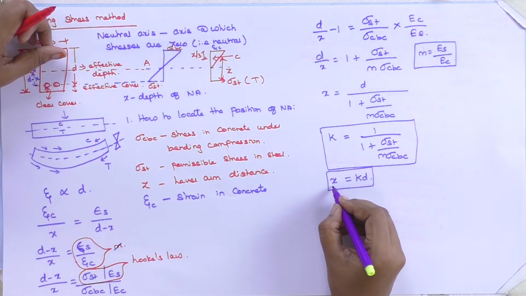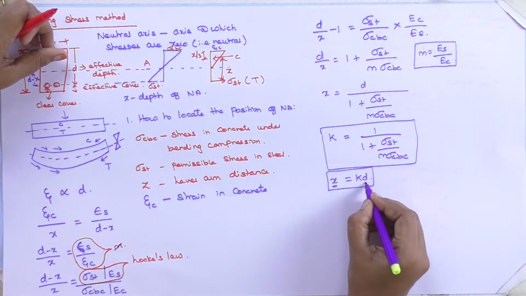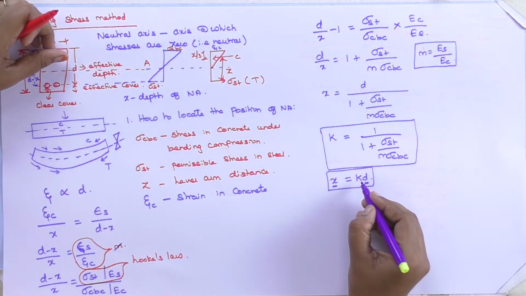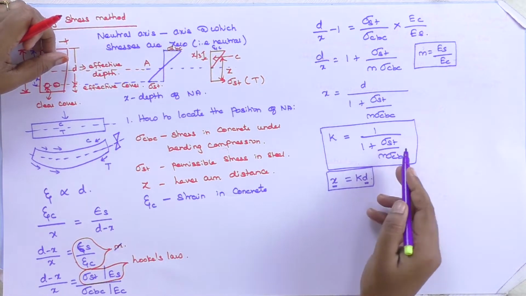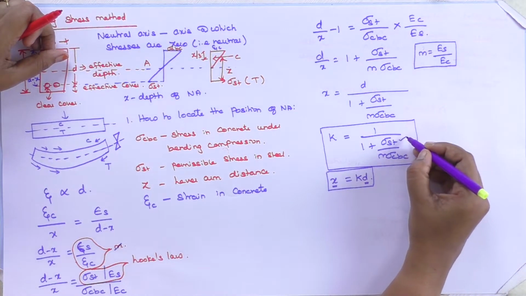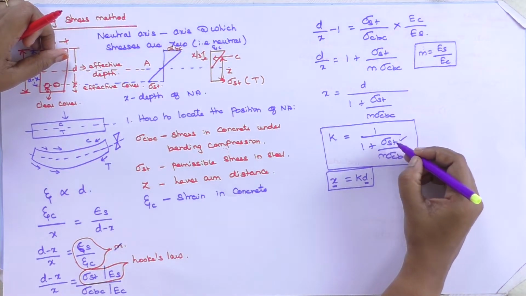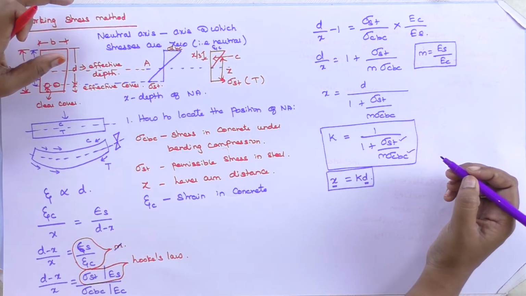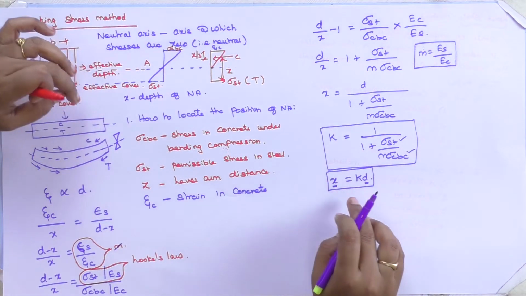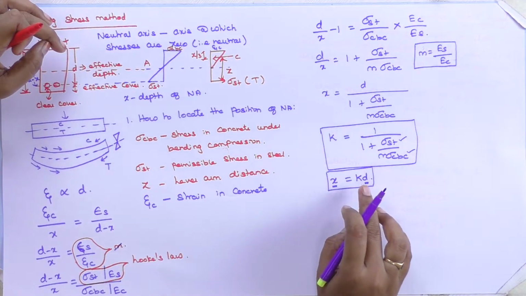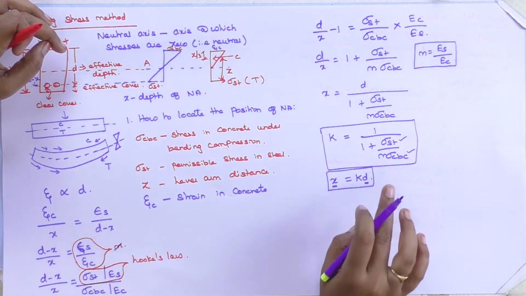This neutral axis depth x will depend upon the depth of your beam. It is being governed by the k, that is the proportionality constant. This proportionality constant is being governed by permissible stress in concrete and the permissible stress in steel. Okay. Now I can locate the position of the neutral axis where x is equal to kd.